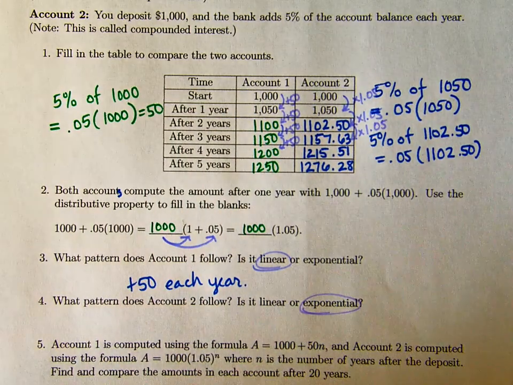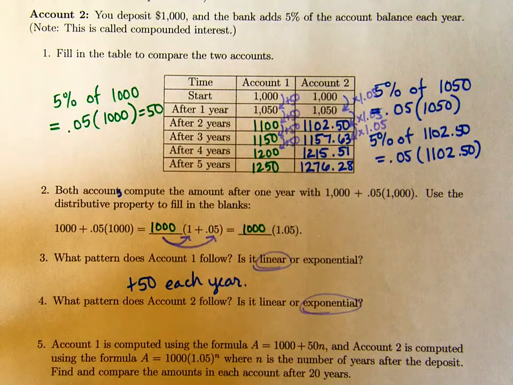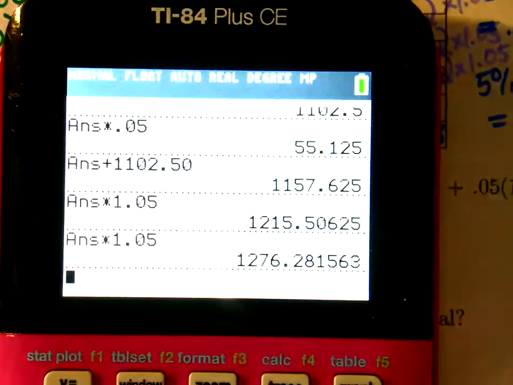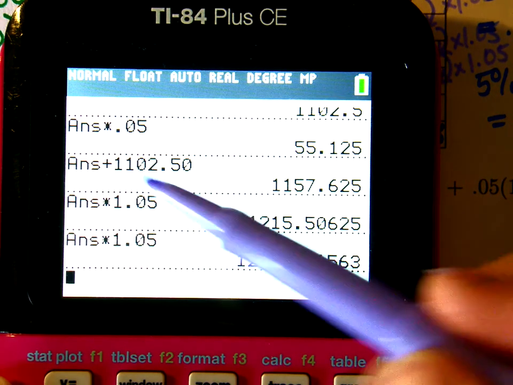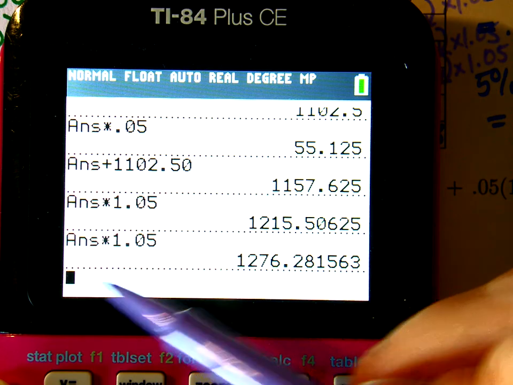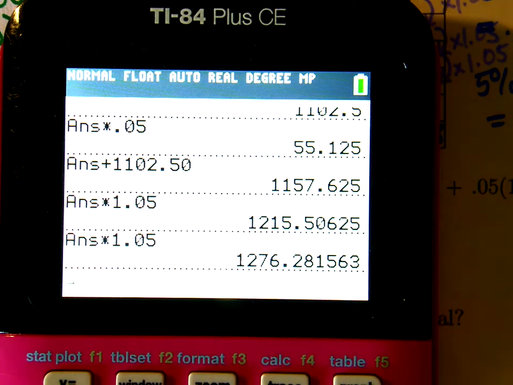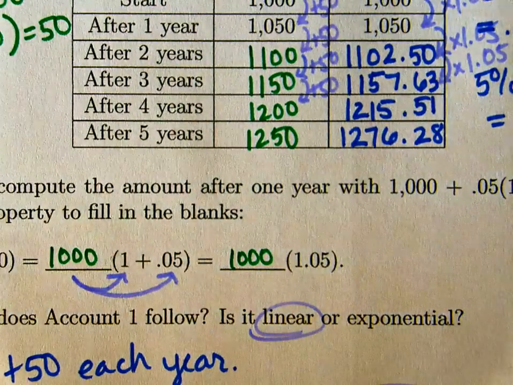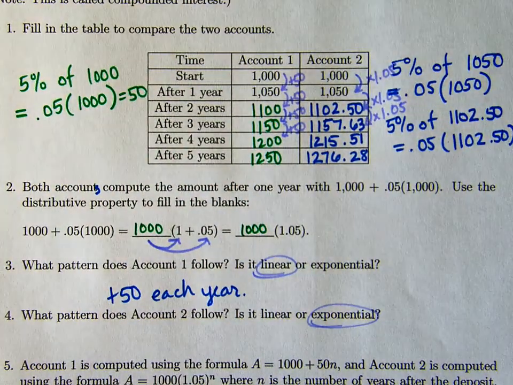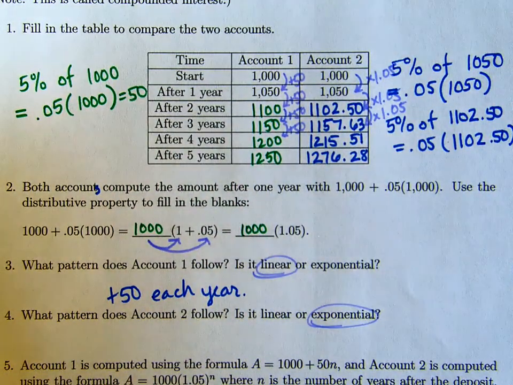So if you don't believe me, I went ahead and checked it because I just have to. So take your amount and then multiply it by 1.05, and it should come up with the next amount. Okay, so it's definitely exponential because it's a constant multiplier.